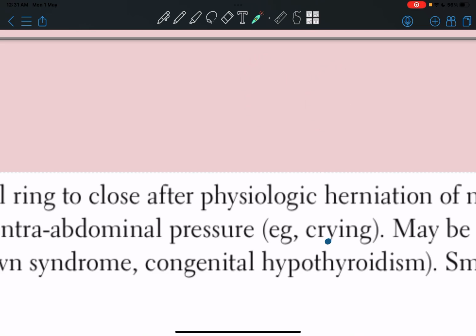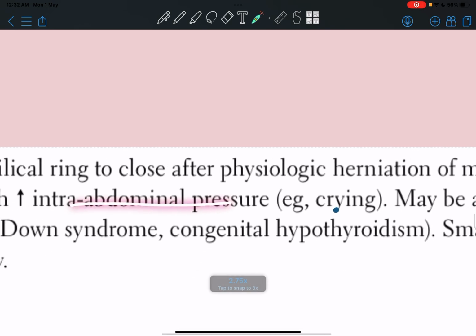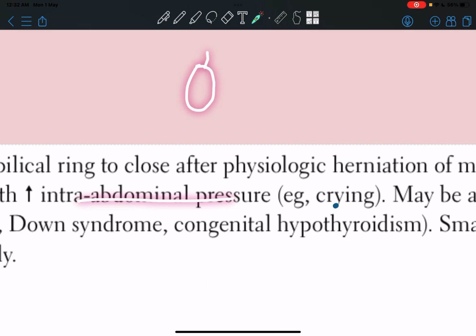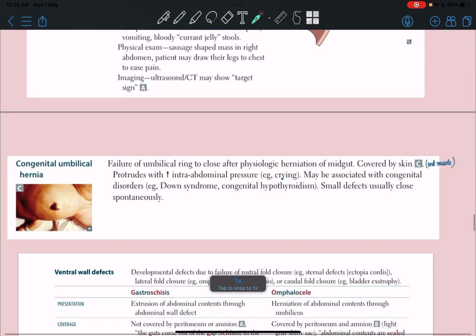So whenever the baby cries or there is increase in the intra-abdominal pressure, because the ring is open, the loops come out again. So that is causing the congenital umbilical hernia. If it is small enough, it spontaneously corrects itself, but if it's a large defect, then you obviously have to treat it with surgery.